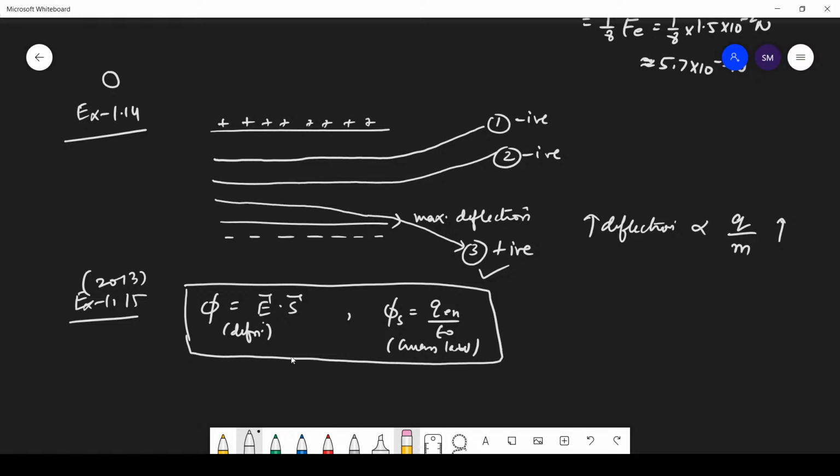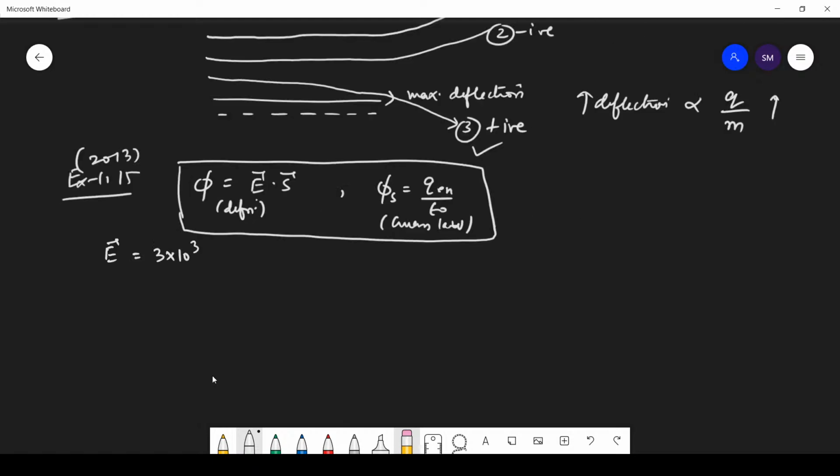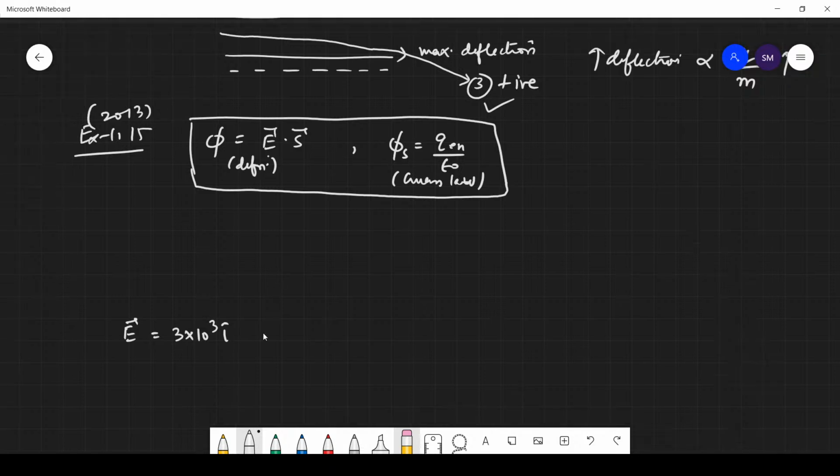Now we have a uniform field given in this question, and this field is 3 into 10 raised to power 3 I cap Newton per Coulomb, and we have to find the flux of this field through a square of side 10 centimeter.